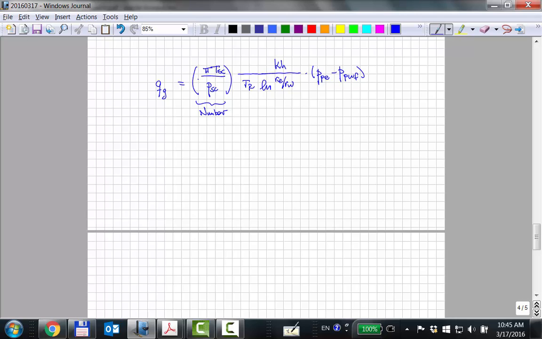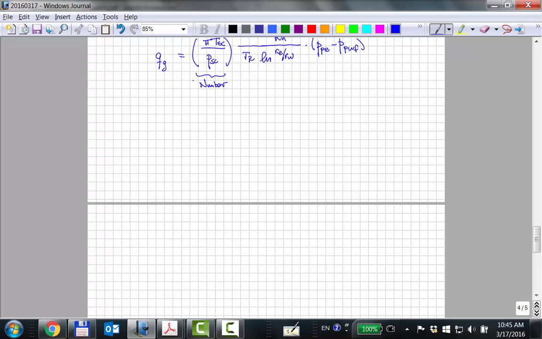Okay. So in order to use this pseudopressure, we should have a function or an equation for this P over mu Z. What you basically have to have is your pseudocritical pressure and temperature. You guys know about that, it's basically a function of the gas composition, or maybe the gas specific gravity, its molecular weight.